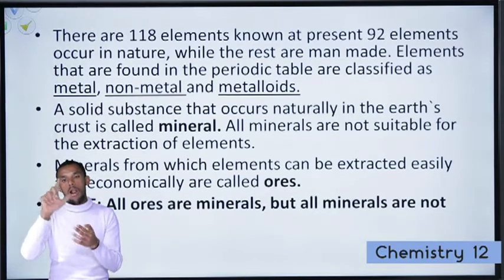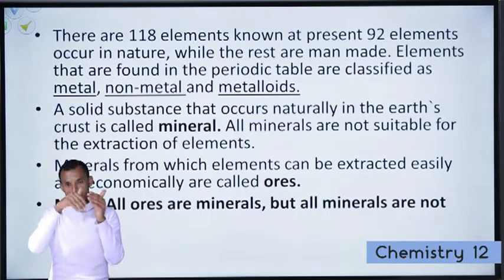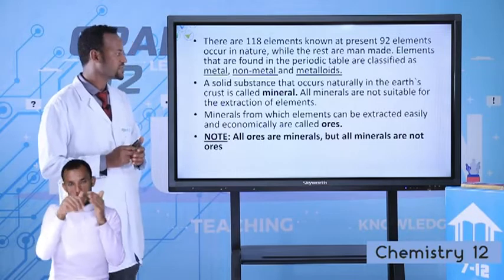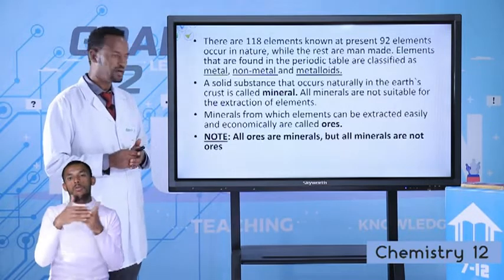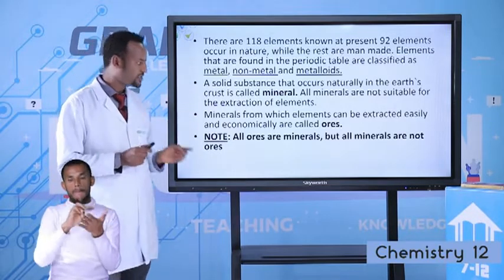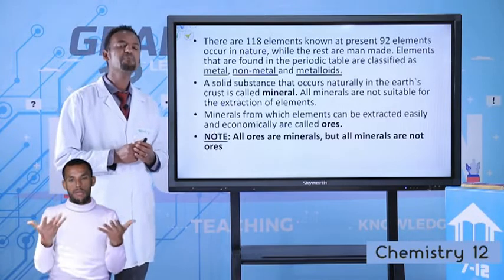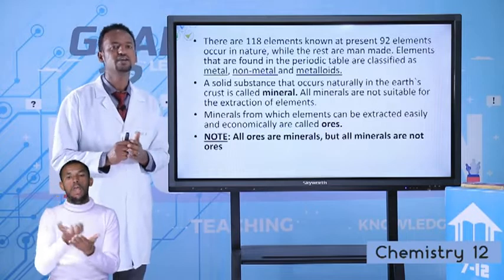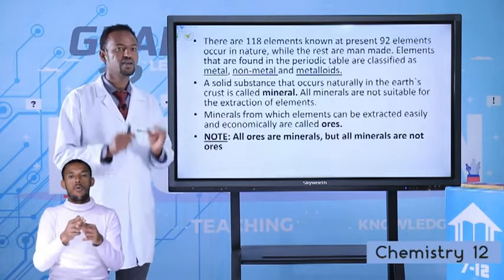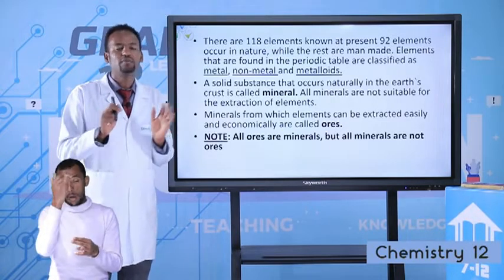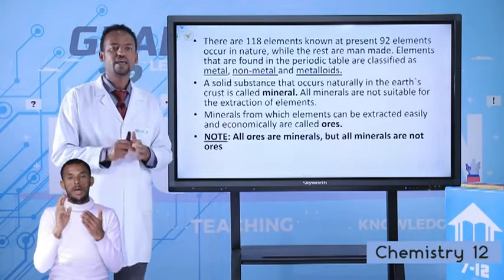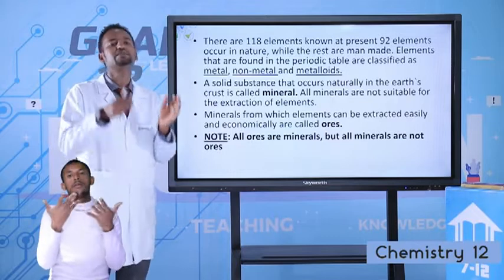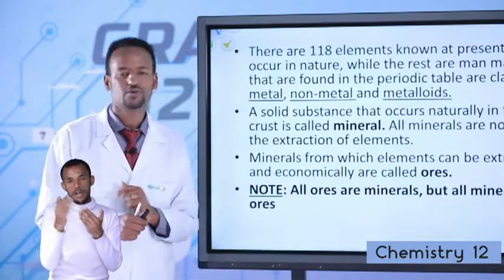All minerals are not suitable for the extraction of elements. Minerals from which elements can be extracted easily and economically are called ores. Why? Because all elements are not easily extracted.